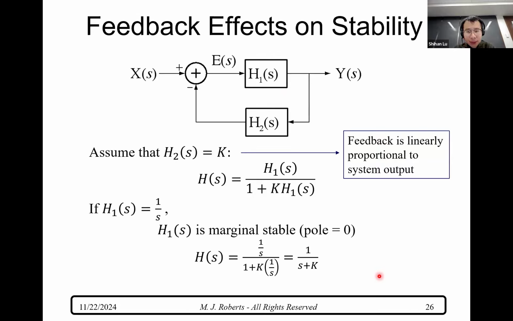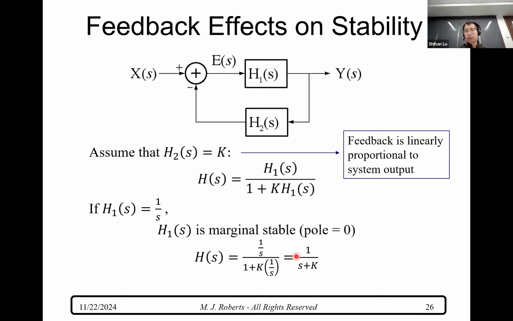And then let's take a look at the transfer function for the feedback system, if we use a unit step function for the original system response. Once we plug 1 over s into this h of s expression, we find the final form of h of s is actually 1 over s plus k.